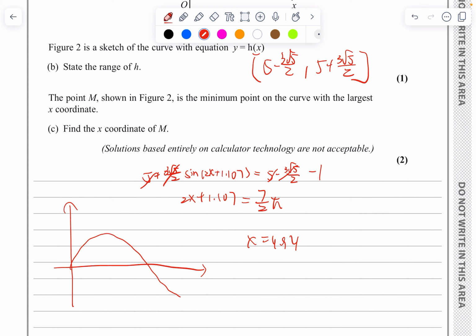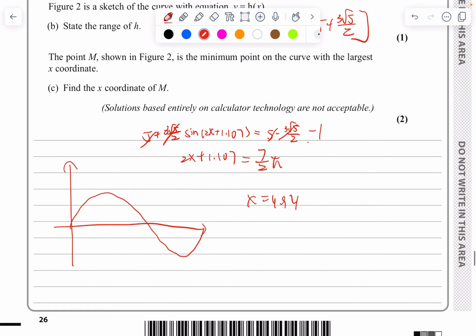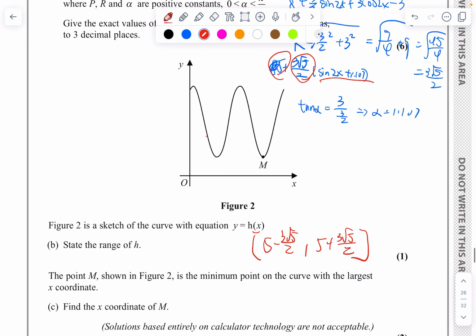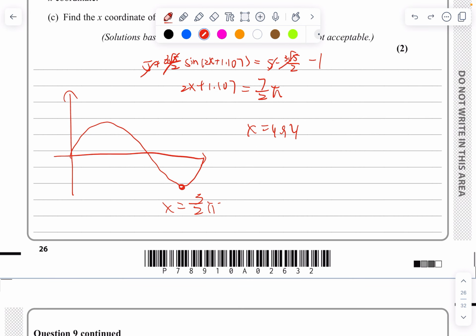Let's just use the graph way, okay? We have to find -1 here, right? This is 3 over 2 pi, x equals. But we know that would correspond to this point, right? So we have to add another 2 pi to get the next one. So we add 2 pi, we get 7 over 2 pi.